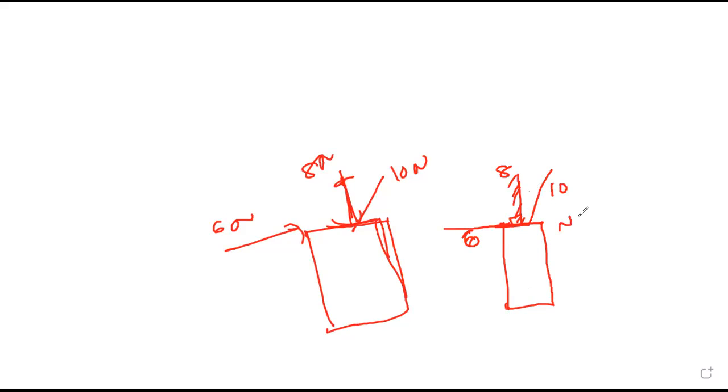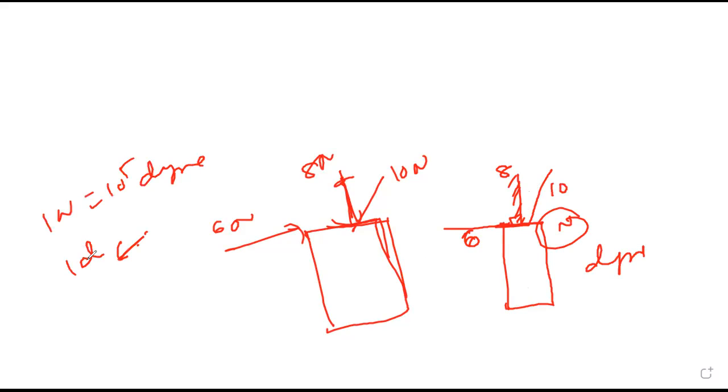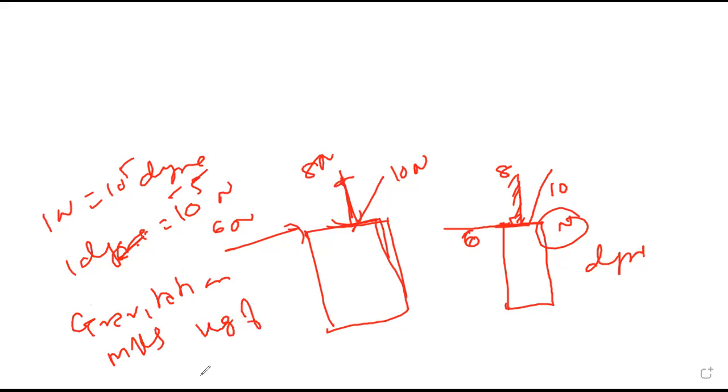And its unit is what? Newton or dyne. In CGS, what is 1 Newton? 10 raised to 5 dyne. And what is 1 dyne? 10 raised to minus 5 Newton. What is the gravitational unit of thrust in MKS system? kgf. And in CGS, gf.